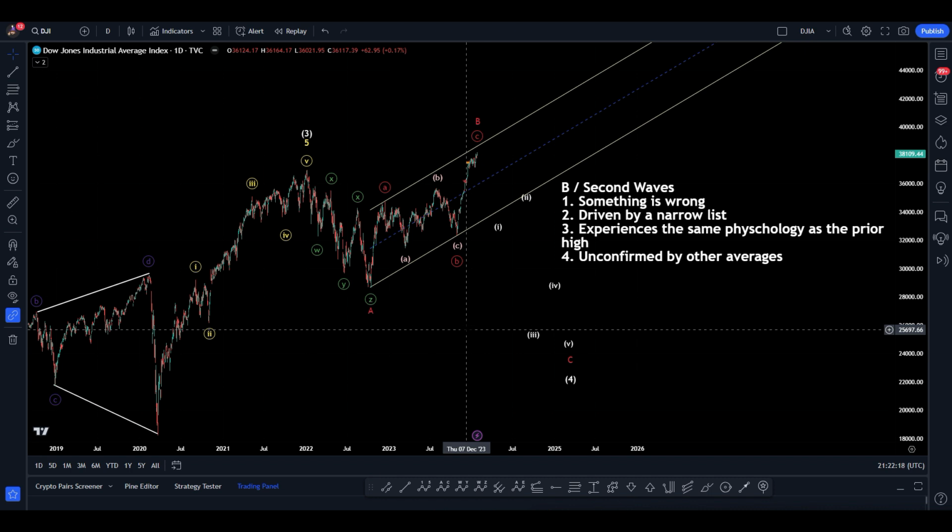So you just can't place your finger on it. It looks a little bit messed up, but the more you look at it, the more you realize that there's definitely something wrong with this market.